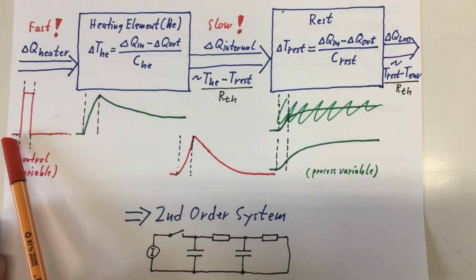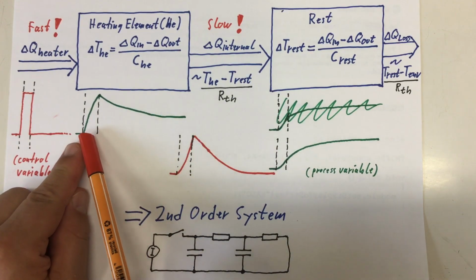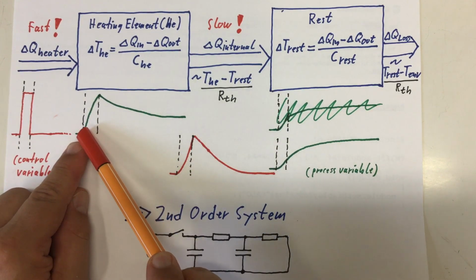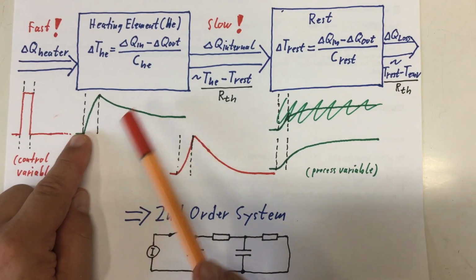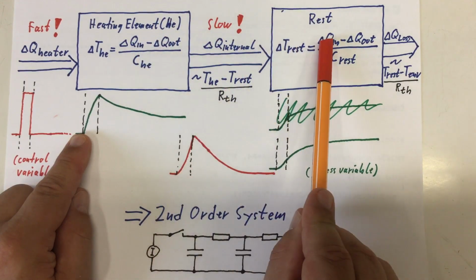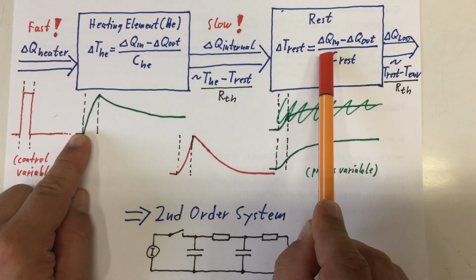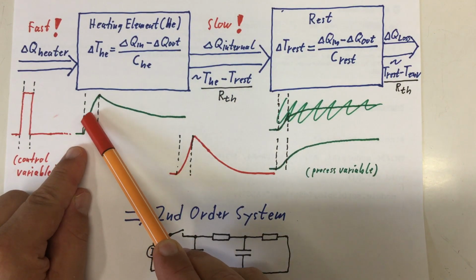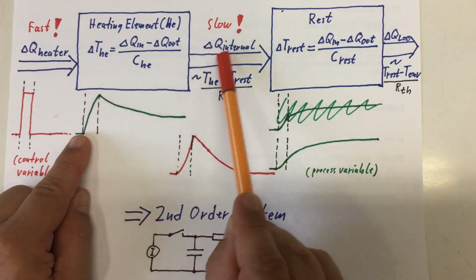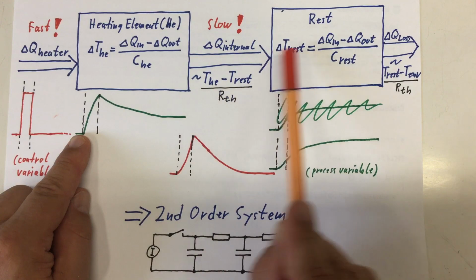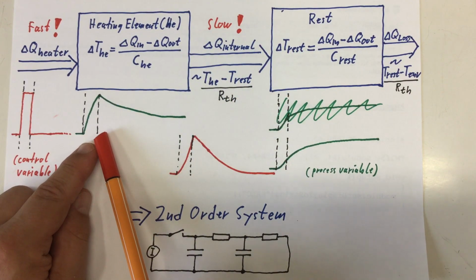So when we turn on the heater for a few seconds, the temperature of the heating element is first rising very steep and then a little less steep, because in the very beginning we have the same temperature here and here. So no energy is flowing from the heating element into the rest. But as the heating element is heating up, as we have the heater on, energy starts to flow, more and more energy, until we switch the heater off again.